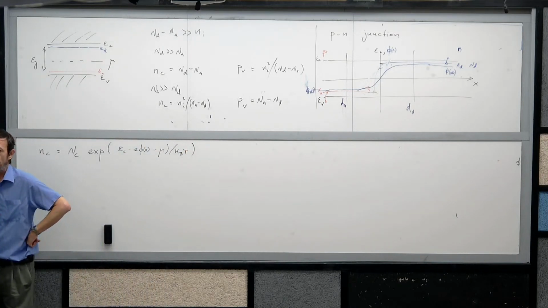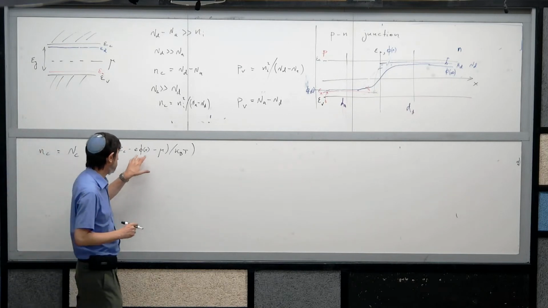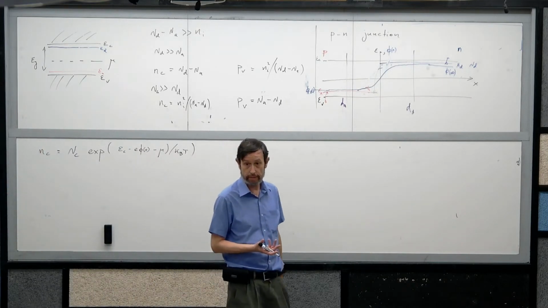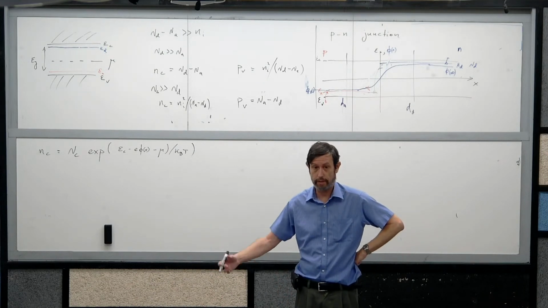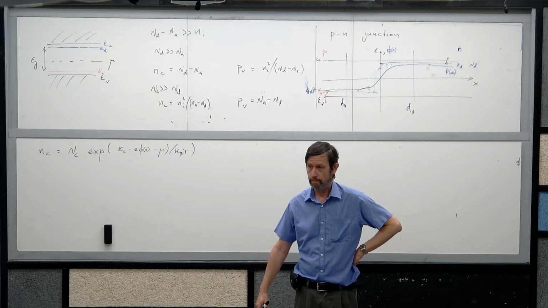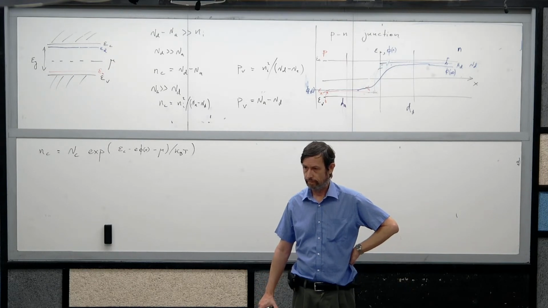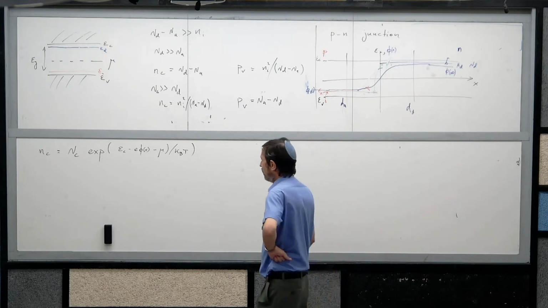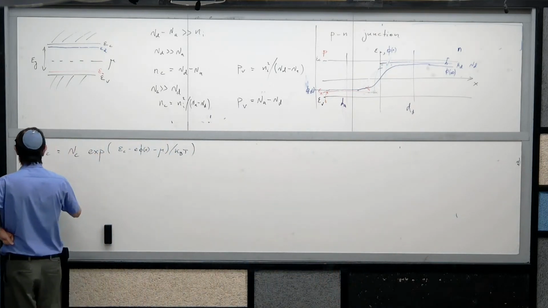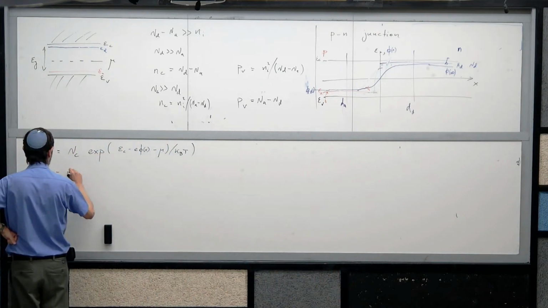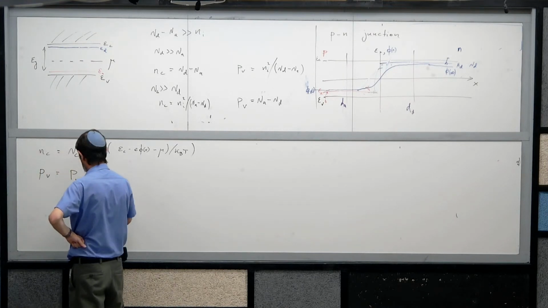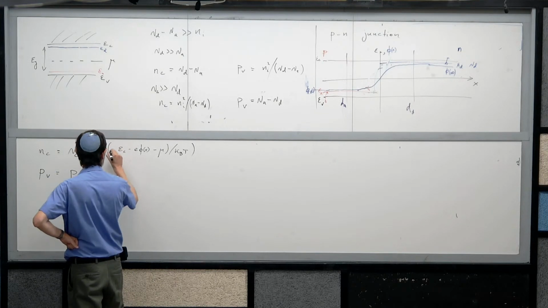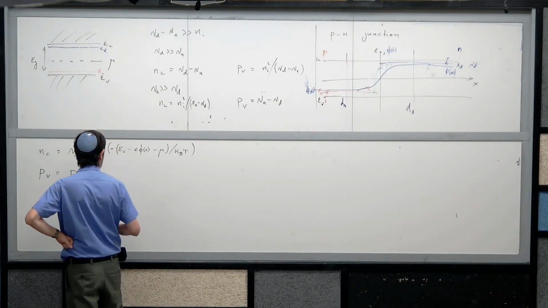So what did we change? In the previous lecture we had no phi of x. Here we're adding phi of x to the constant energy. Same for the number of holes. And of course all of it has mass.